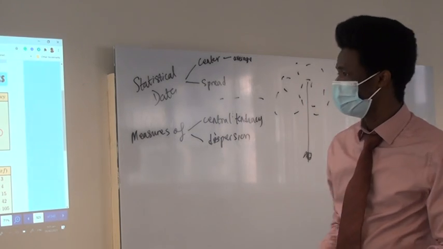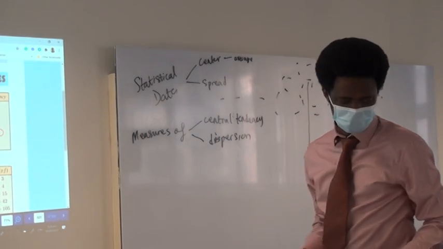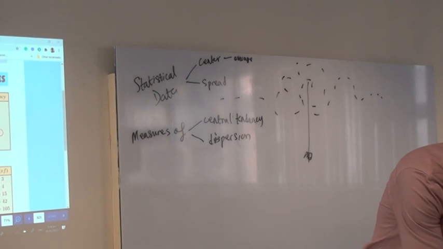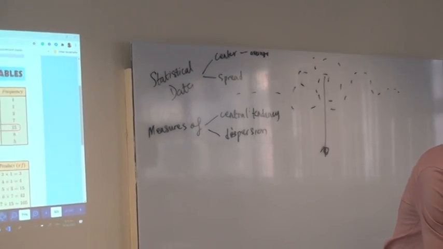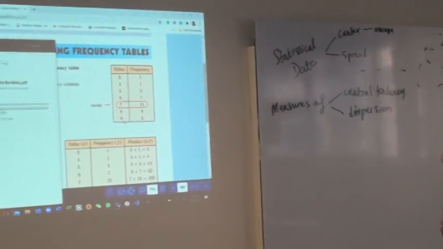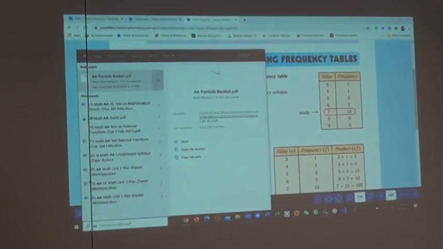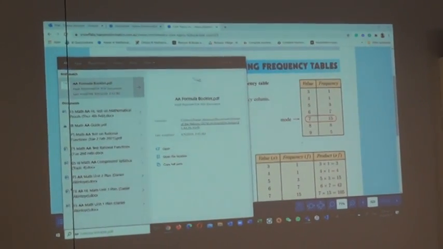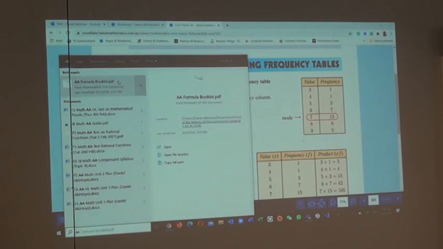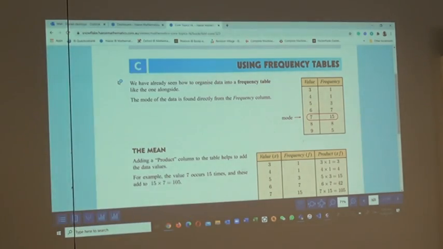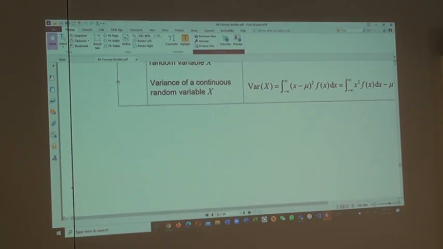Now, I was saying something about the mean yesterday. There is no need to memorize some of this stuff, but it's always good to have a good understanding of what's going on. Oh, yeah, it's open already.